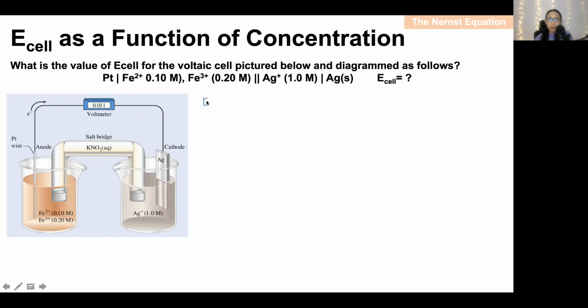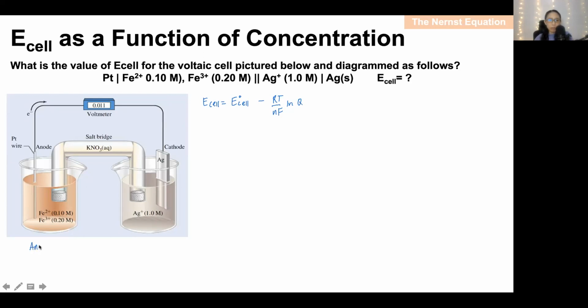Okay, so our formula is E cell equals E naught cell minus RT over nF ln Q. Okay, so according to the diagram, our anode reaction.